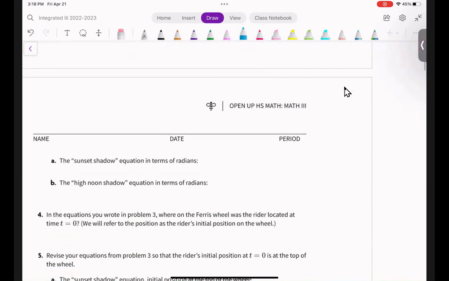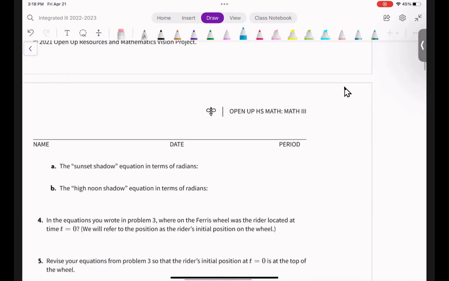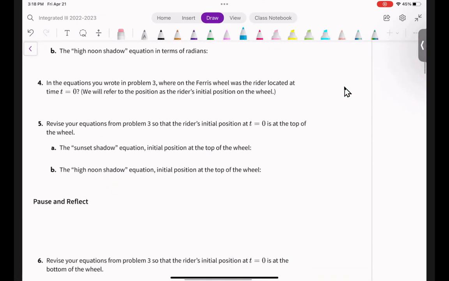So this one says, I wrote those down because it says write each of the equations, so I did that. It says in the equations you wrote in problem 3, where on the Ferris wheel was a rider located at time 0? We will refer to this position as the initial position 0. If you remember, he was at position A, that's what we called it.